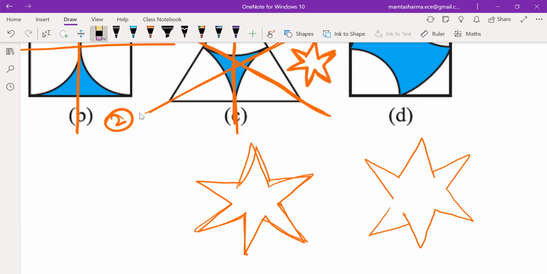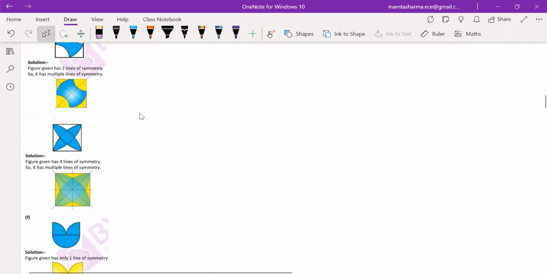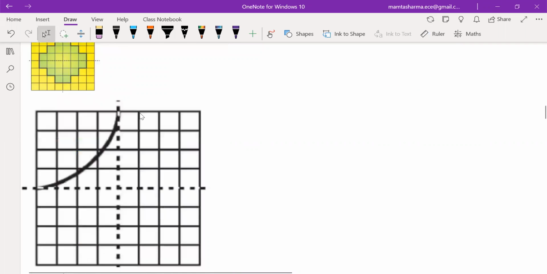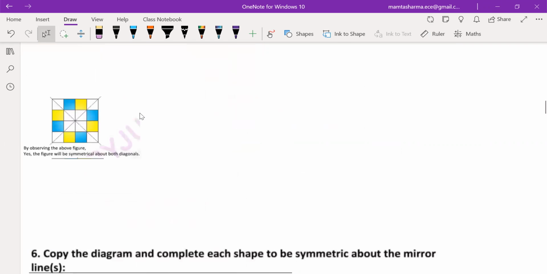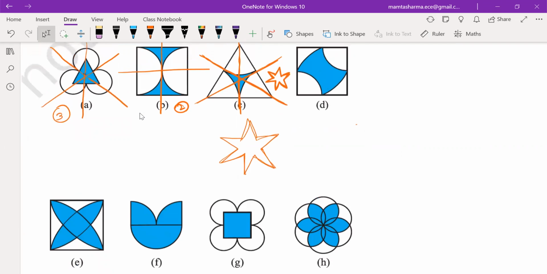I'm not able to draw this. Ma'am, you can copy from the Google. Yes. No, okay, I am taking from this Google.